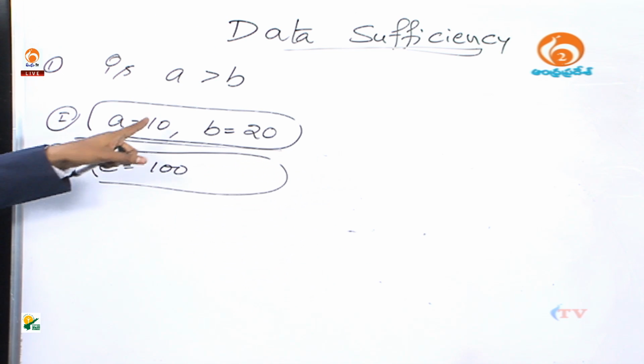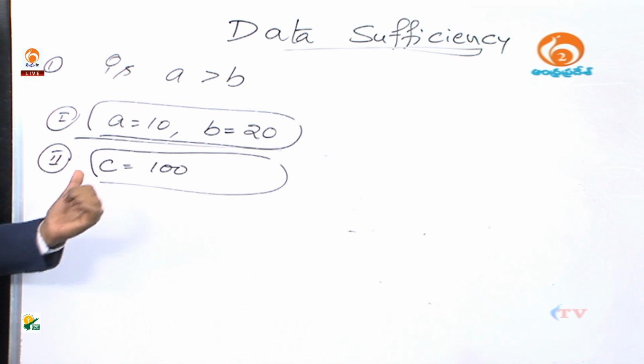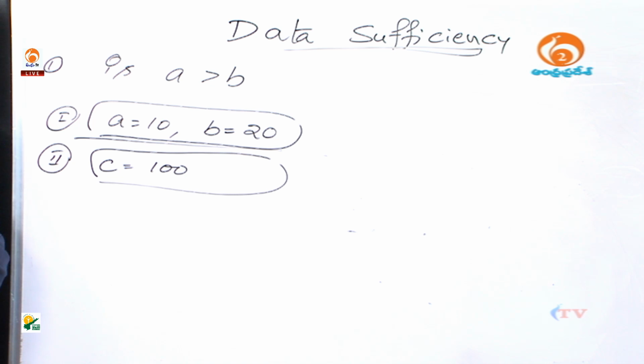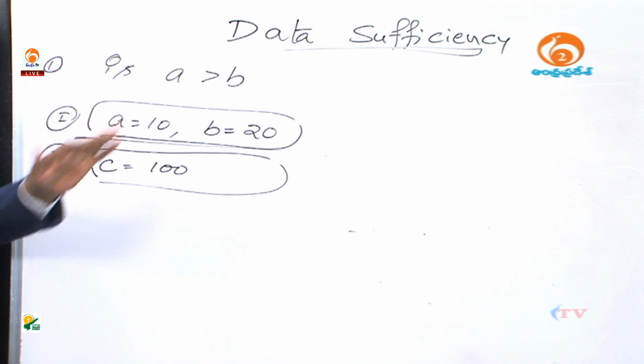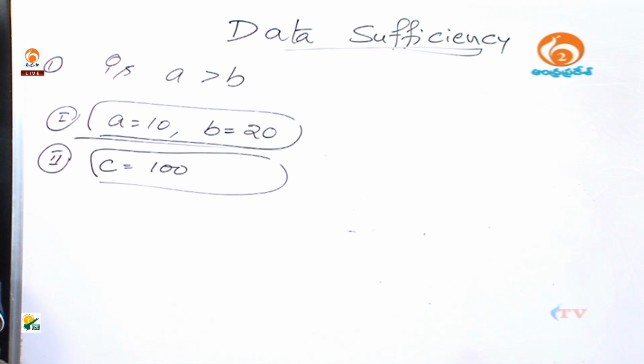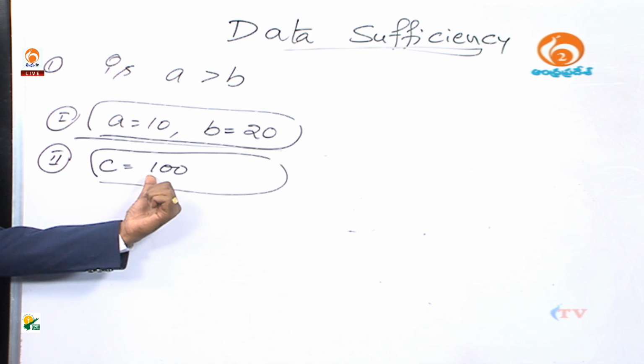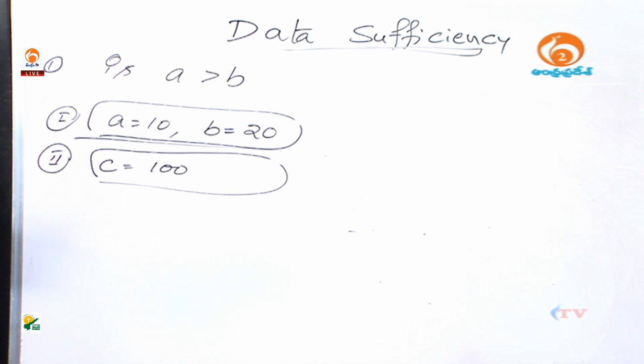For example, A equals 10, comma, B equals 20. In the second conclusion they give C equals 100. So only from the first conclusion you can give the answer that A is not greater than B. Is there any need for the second condition or not? There is no use of the C value, because they are asking only about the relation between A and B.